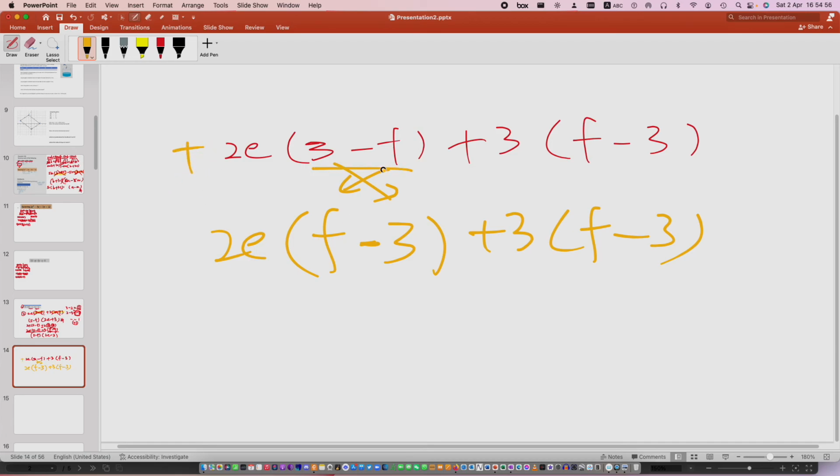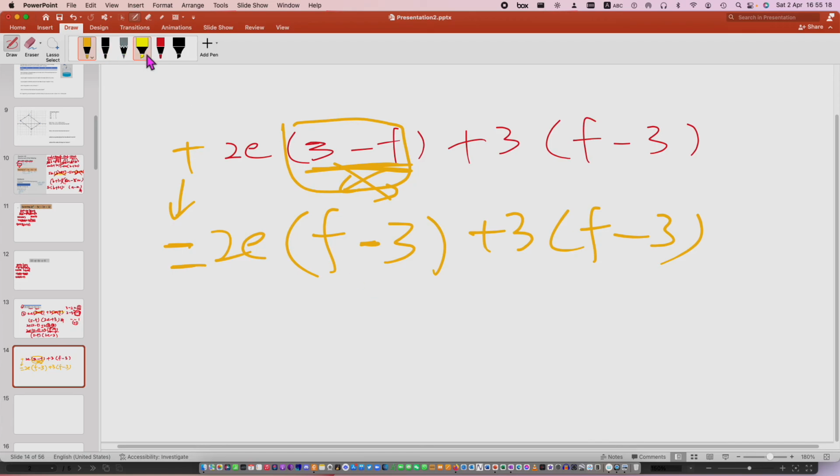If I change the position here, what do you think the sign here for 2e is? Negative. So it becomes negative here, right? Because you change the position, you are going to have some consequence. So you need to change the sign here to counteract the consequence of this. Are you clear? So that's why here becomes negative.